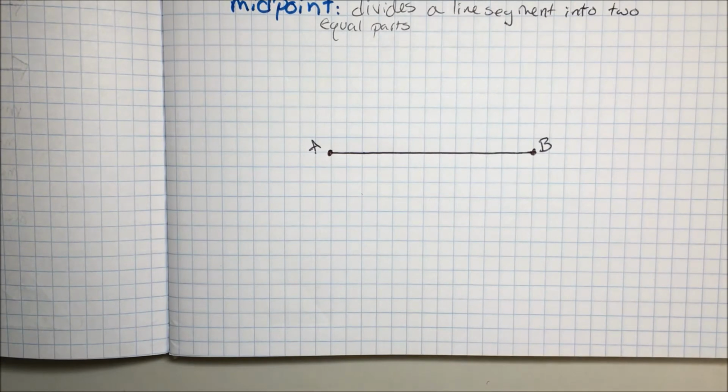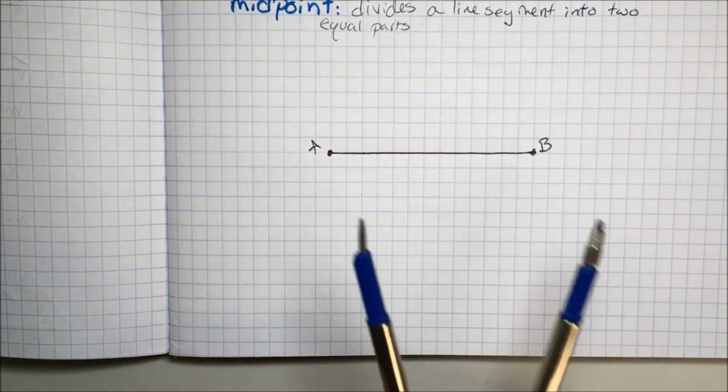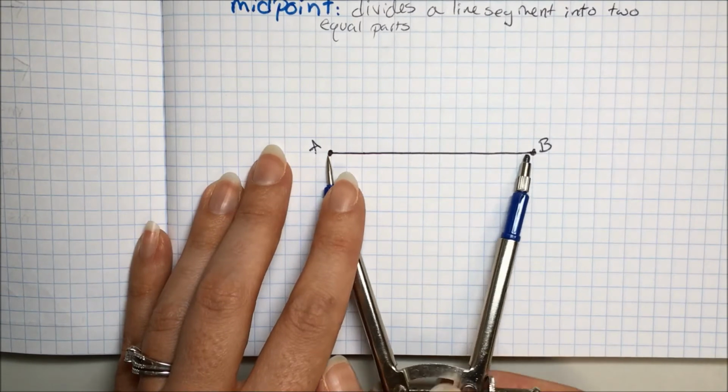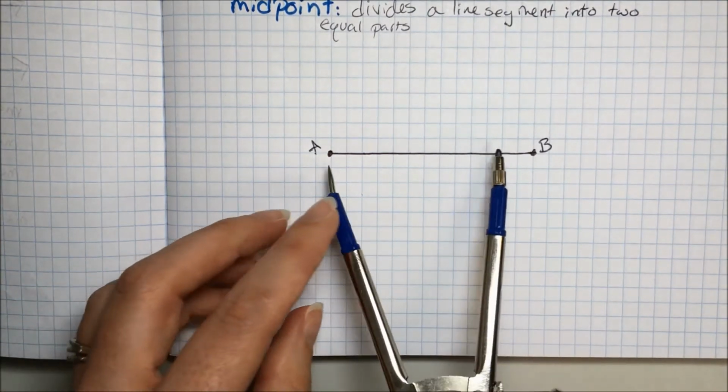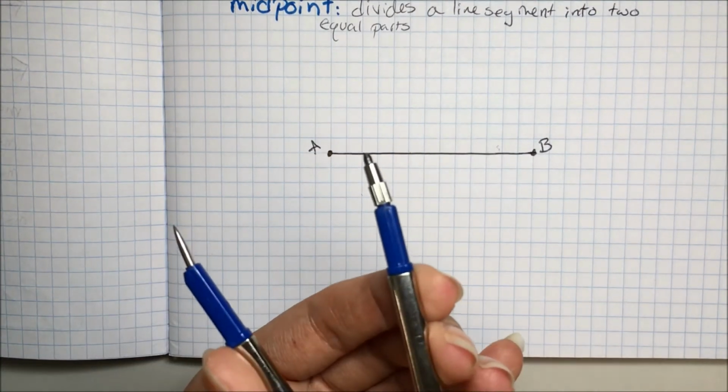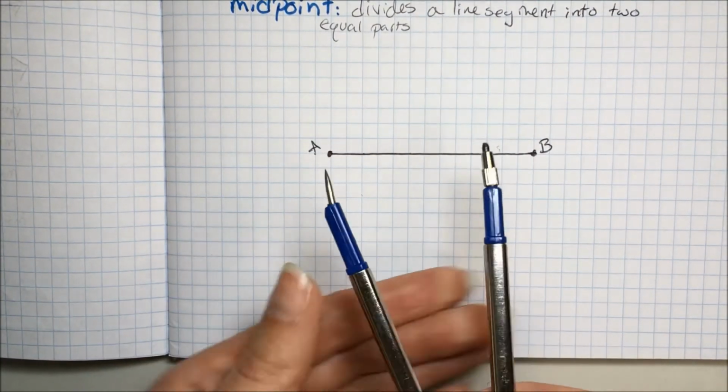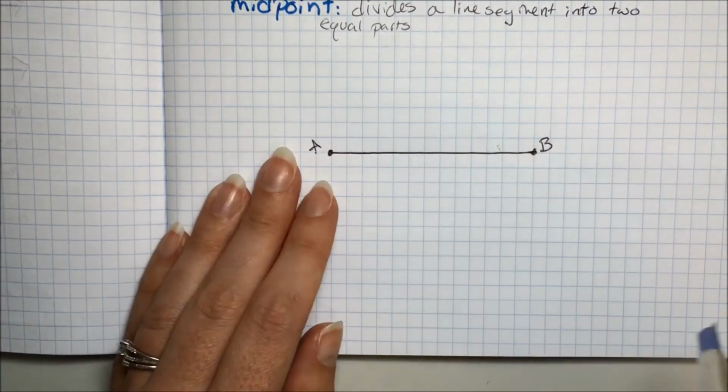I'm going to construct a perpendicular bisector. To do this, I'm going to first adjust my compass so that it extends more than halfway through AB. It just has to go past the halfway point.